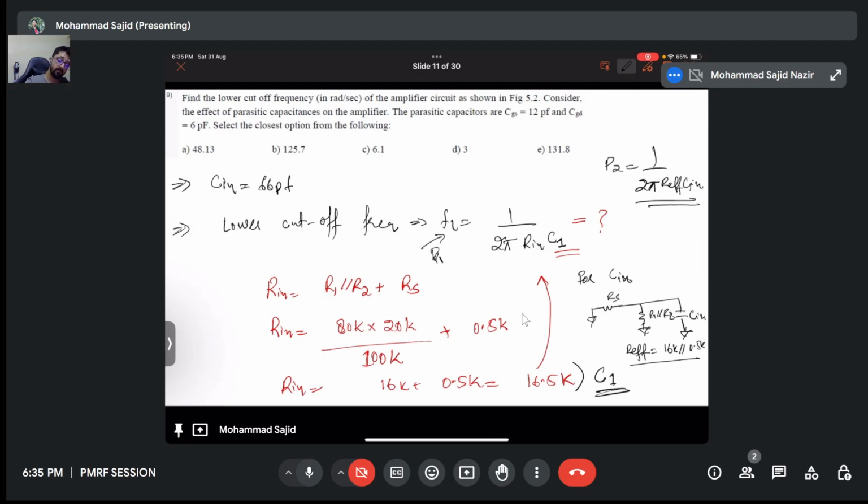See which of the values is lesser; that is your lower cutoff frequency. Where you will observe this behavior: let's say I plot a gain, and when it hits the lower cutoff frequency, let me call it P1, the gain starts reducing by 20 dB per decade. Let me make this plot on the board.